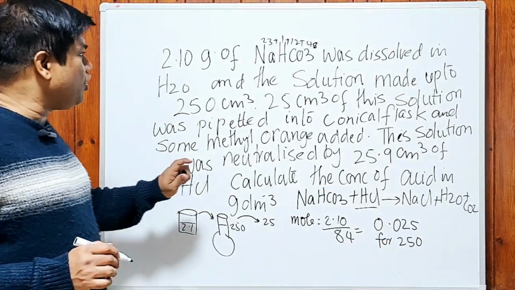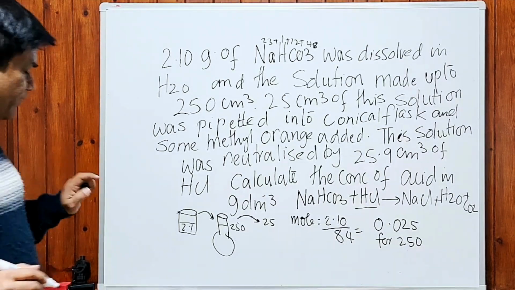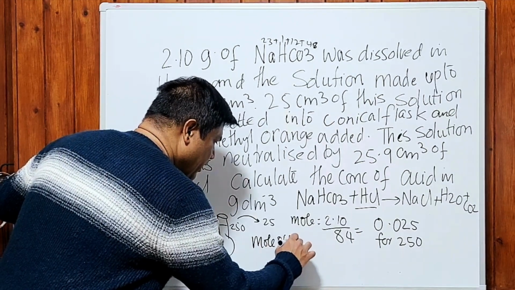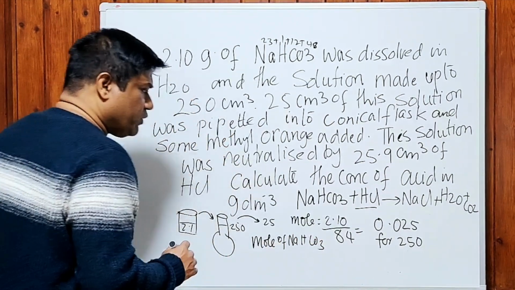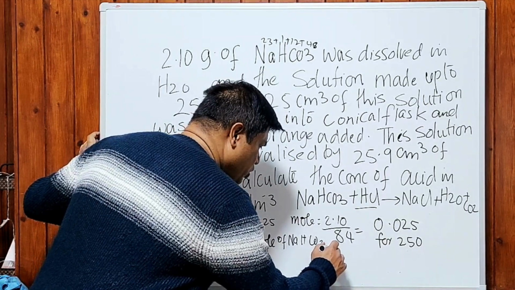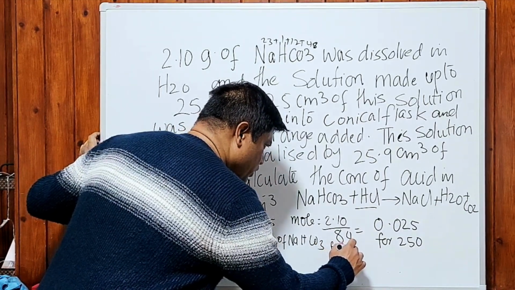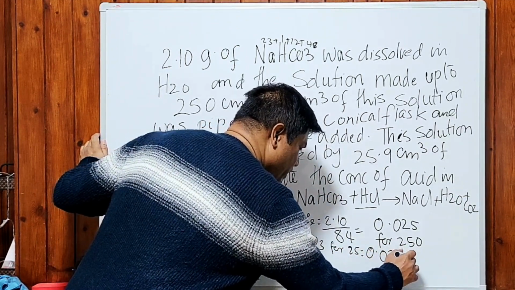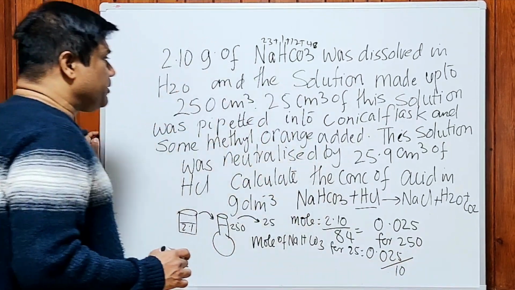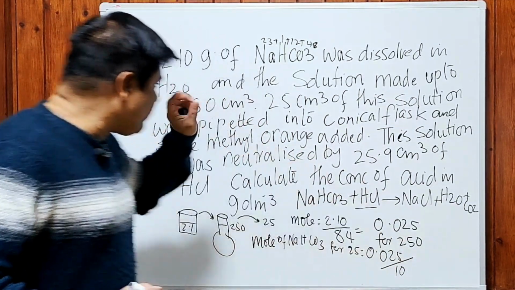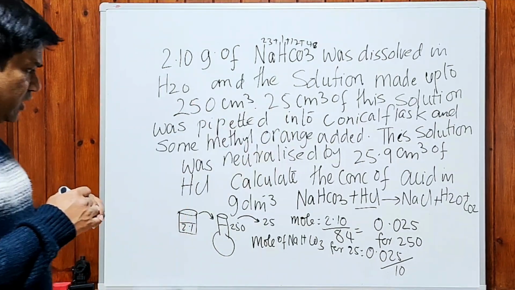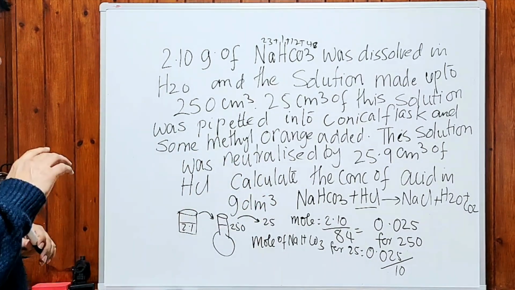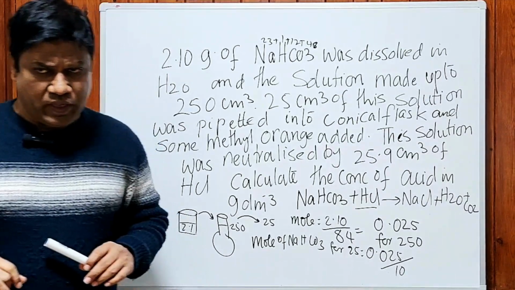Moles of NaHCO3 for 25 equals 0.025 divided by 10. Why divided by 10? That's the total mole, but we only use 25. So that's the mole of sodium hydrogen carbonate for 25 centimeter cube.